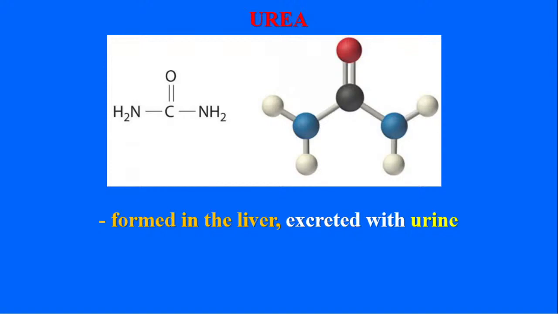Part of the enzymes from the urea cycle are present in other tissues, but not all. So only the liver, only hepatocytes, can produce urea. If they die, for example as a result of liver damage, liver diseases, ammonia will accumulate in the body. About this ammonemia we will talk a little bit later.